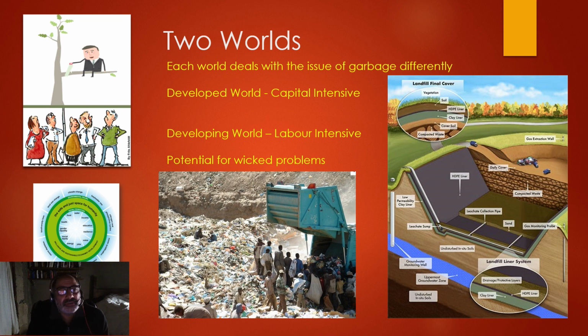Okay, two worlds. Let's have a look at this in terms of how we deal with the garbage from this two-world perspective. In the developed world, if we do process garbage here, or store garbage here, I should say, it's a capital-intensive process, which is represented by this image on the right. And as you can see, it's a hole in the ground, as I showed you previously.